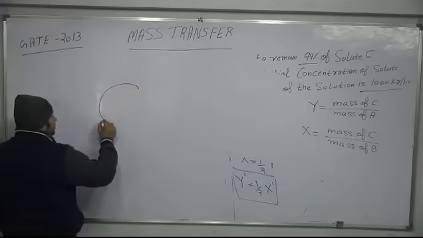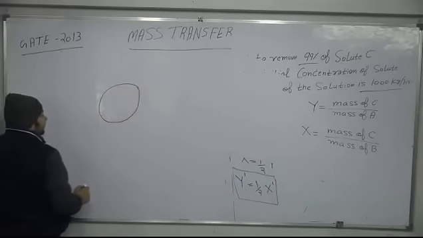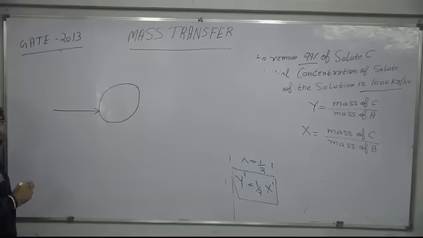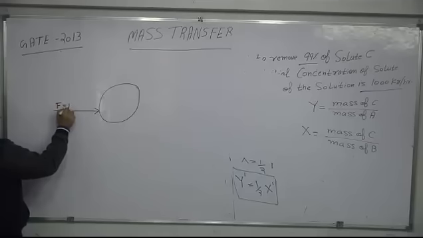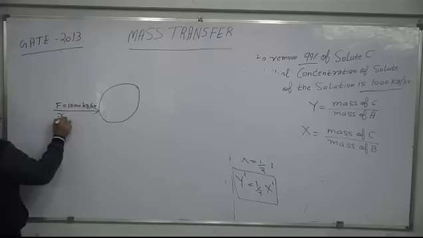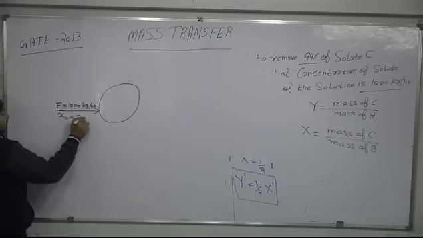So this is a stage given to me, and the feed stream coming in has a flow rate of 1000 kg per hour with a mass fraction of 28%.